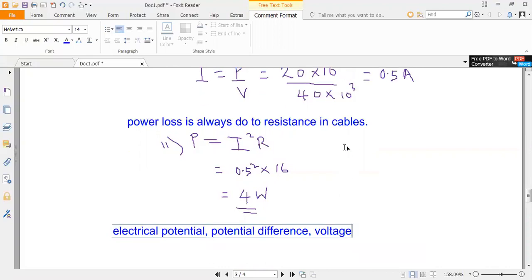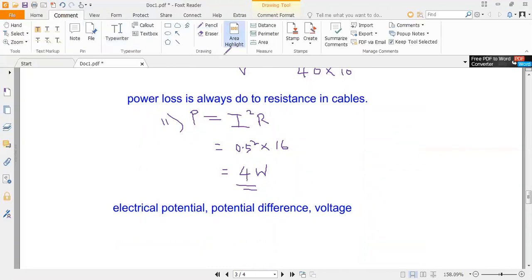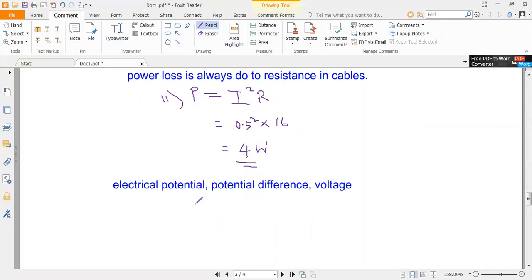Since we already have current and resistance, we are going to use the mathematical representation of Ohm's law, which represents electrical potential or potential difference, V, as being equivalent to I multiplied by R. The value of I we got as 0.5 amperes, and we have the resistance as 16 ohms.